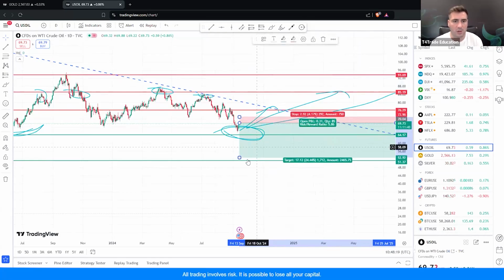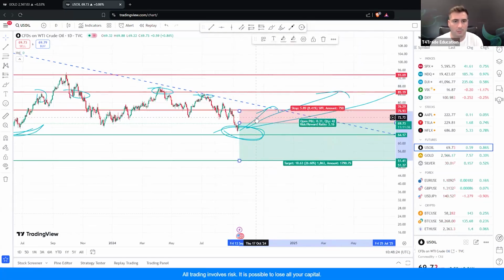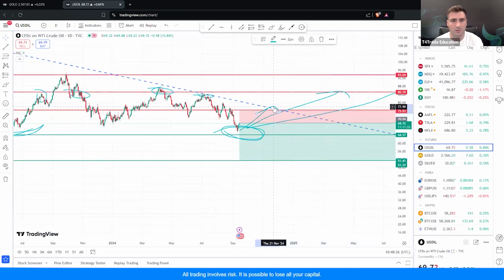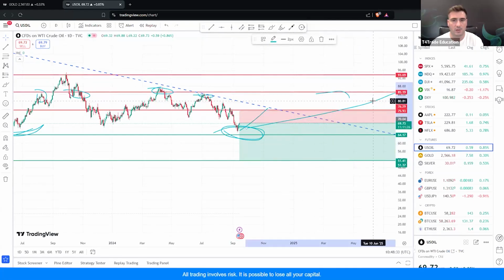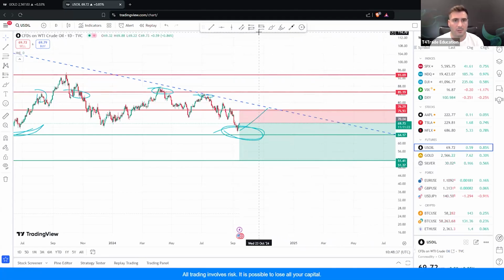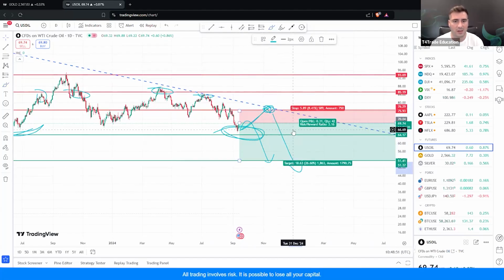So maybe someone will like to go for this, because they expect those rebounds not to take place. Let me see. July. Okay. So maybe they are expecting price action to just reverse once again and fail to break above, or it tests this area right here and fails. So you use the short position accordingly.